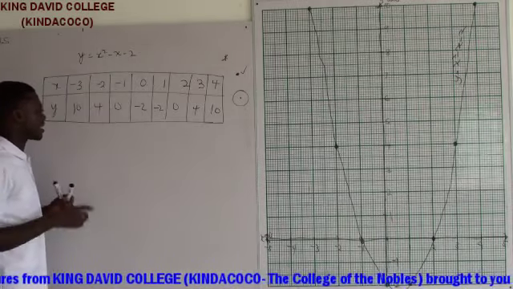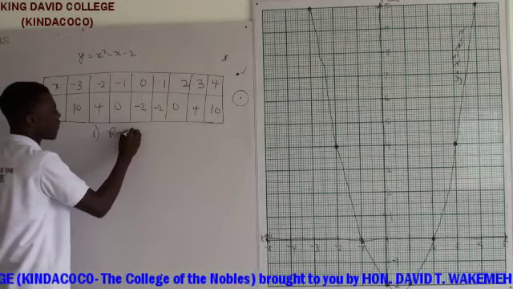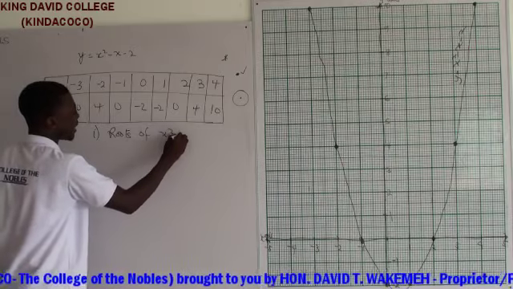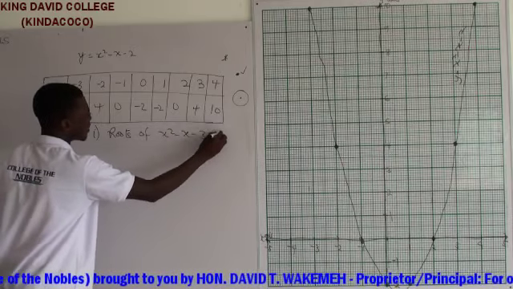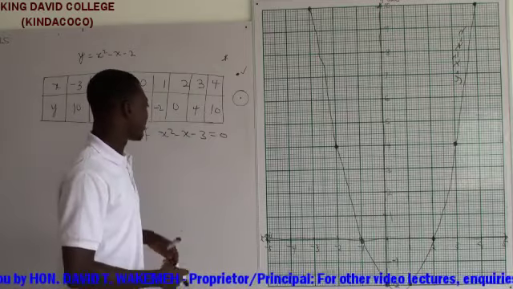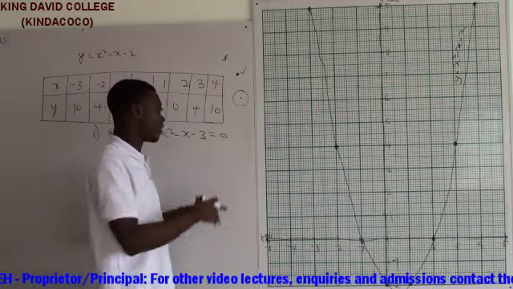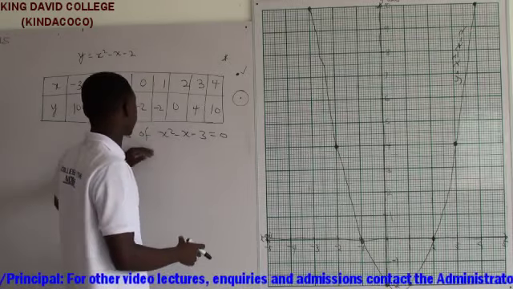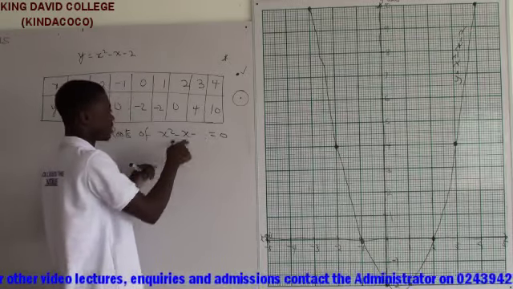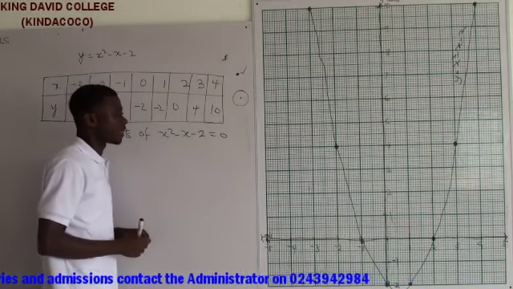The first question they're asking us is: find the roots of x squared minus x minus 2 is equal to 0. So we are finding the roots. They mean the situation where y is 0, or just simply find the roots of this equation. Very well.